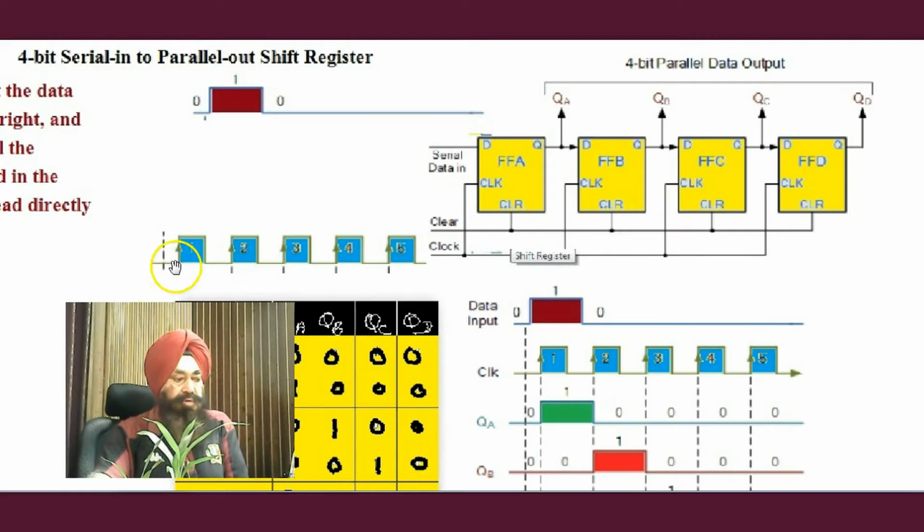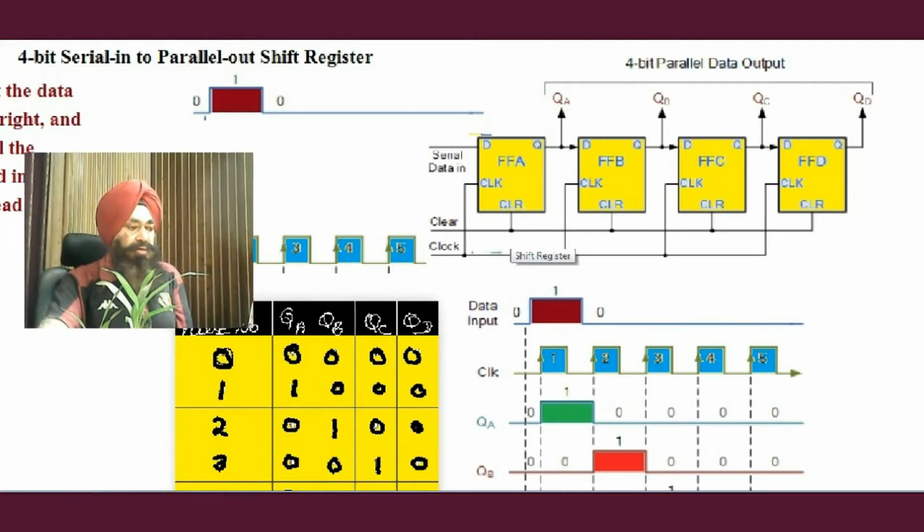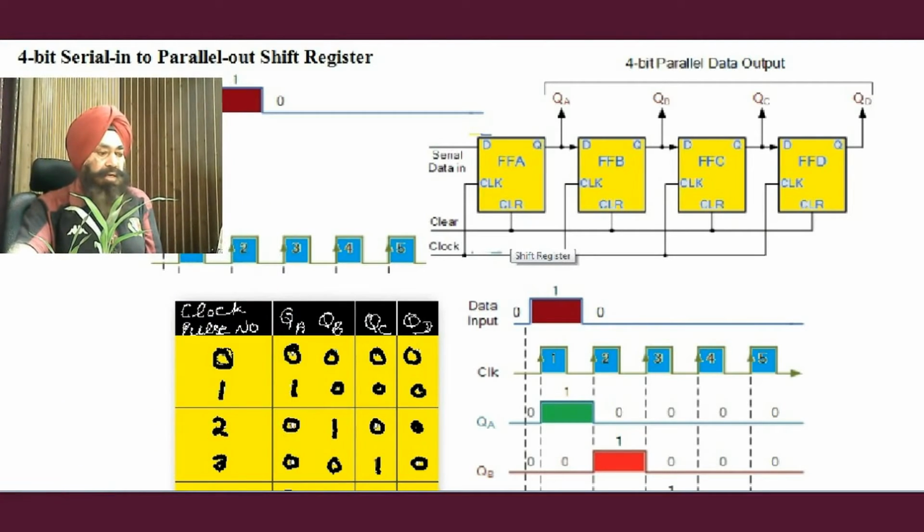So this is a clock, high and low and high. First pulse, second pulse, third, fourth, fifth, 5 clock pulses. Okay, now let's discuss the working of the 4-bit serial in and parallel out shift register.